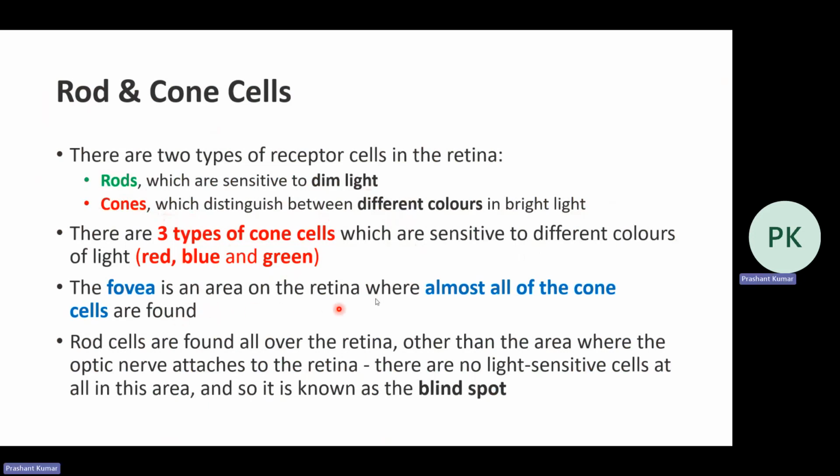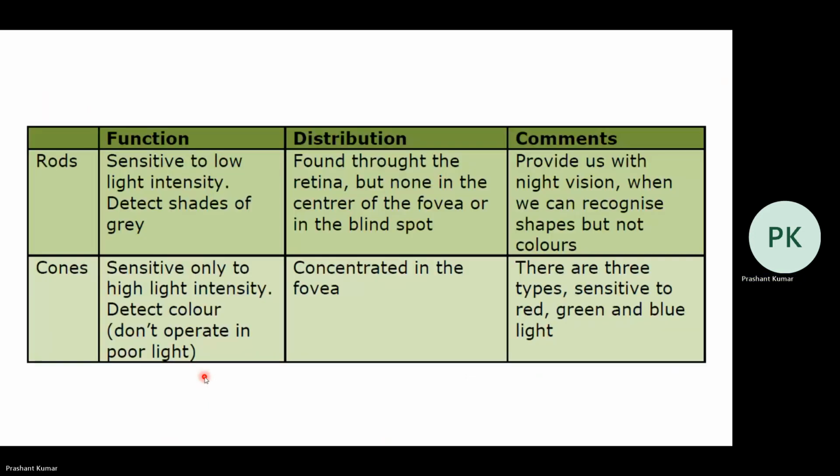The fovea is the area on the retina where almost all the cone cells are found. Rod cells are found all over the retina other than the area where the optic nerve attaches to the retina. There is no light sensitive cell at all in this area. That is why we get the name blind spot.